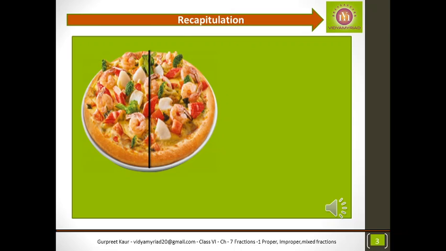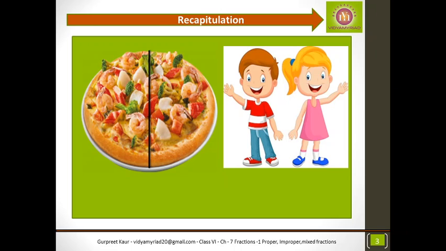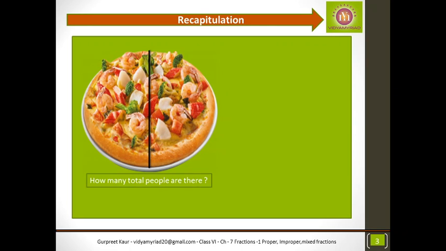Again a doorbell. Please wait. My friends are here. Wow. So dear children, now how many are we? Earlier we were 2, so I divided the pizza into 2 parts.